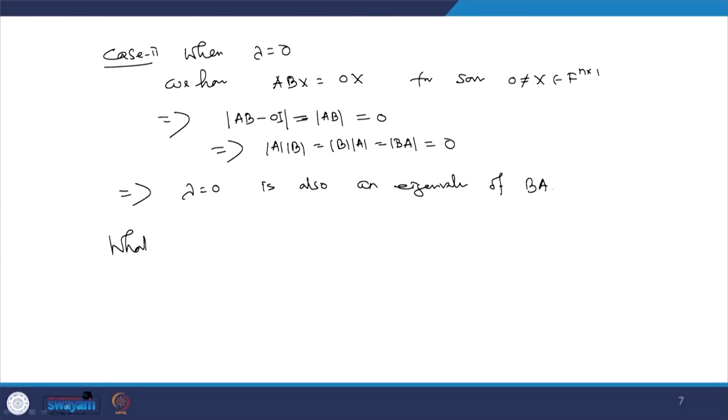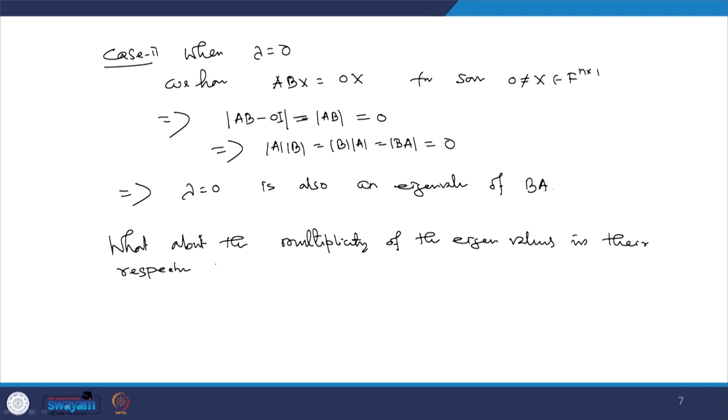So, what about the multiplicity of the eigenvalues in their respective characteristic polynomial?